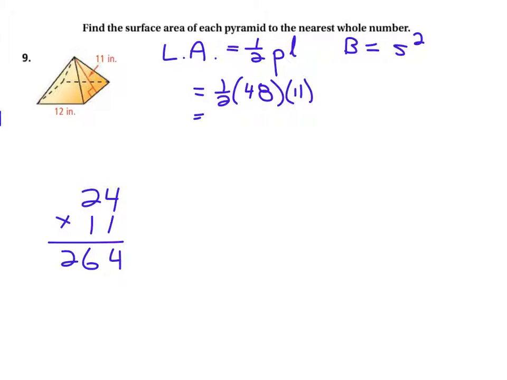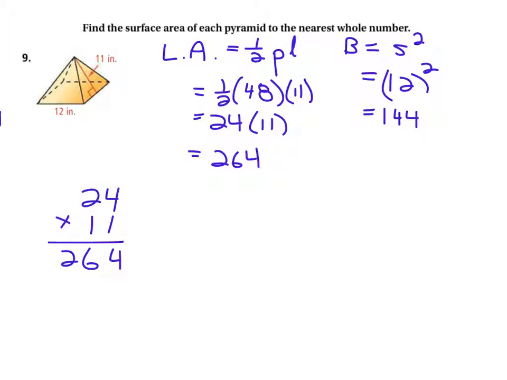So we've got 1/2 of 48 is 24, times 11. So we get then 264. And for the area of the base, we take the side length, 12, and we square it.